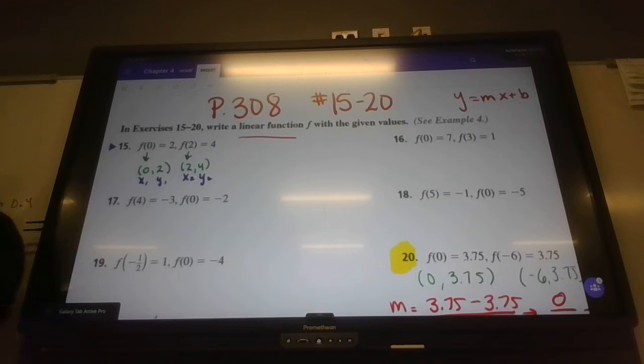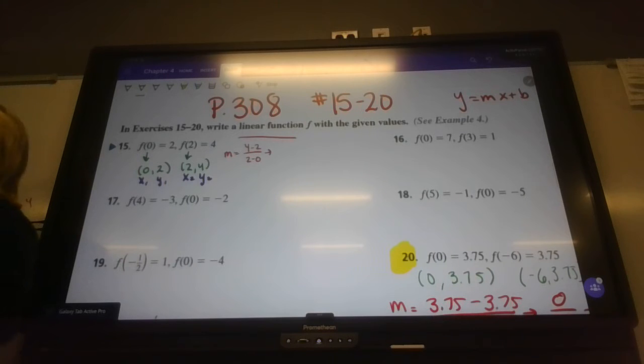Alright, number 15. I've already got the XY labeled. I'm pretty sure most people got this far with me yesterday. Now we will do slope formula. So it would be 4 minus 2, 2 minus 0. Wow, that's easier than what we just did. There's no decimals, there's no negatives.